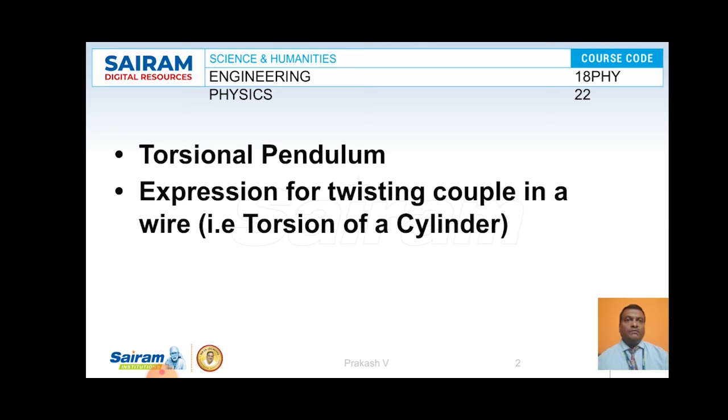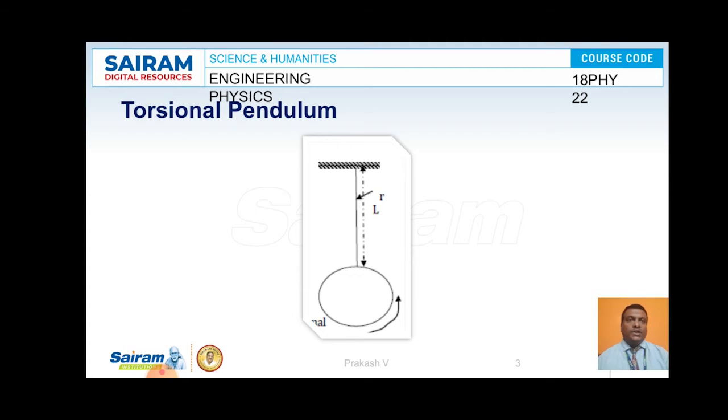Now let us look at what is a torsional pendulum. A torsional pendulum is as shown in the picture. Here a rigid body is fixed at one end of a wire. The other end of the wire is fixed to a rigid support, and the body is subjected to a tilting force or shearing force.